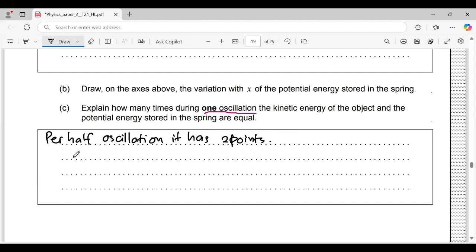Okay, it means during one half oscillation it has 2 points. It means during one oscillation, it has 4 points.